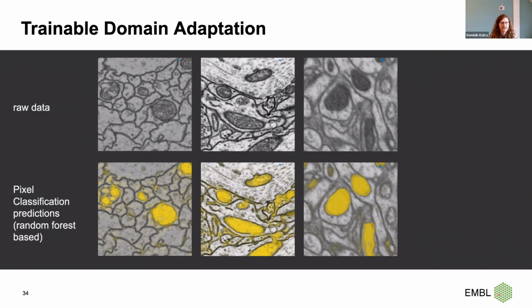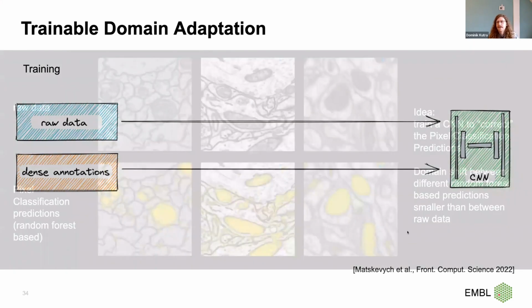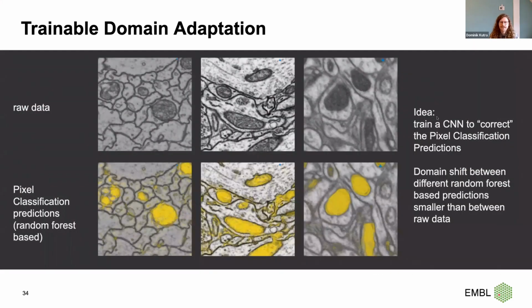And so someone in our lab had the idea that you can maybe train a convolutional neural network, as before, to correct the predictions from the random forest rather than doing this from scratch from the original image.